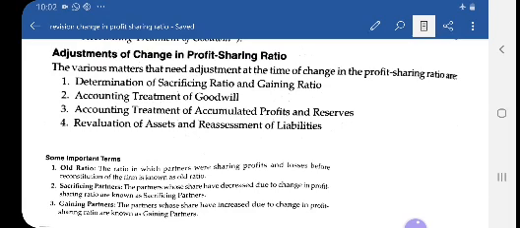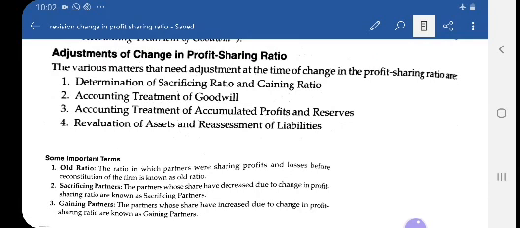Gain and sacrifice: suppose a question is asked, there are three partners A, B and C. There was an old ratio, now it is changed to a new one. And what is the situation of B, gaining or sacrificing, and by what proportion? So you check how much time you are taking to calculate the gain and sacrifice of B. That type of question will be asked, so be careful about the time.